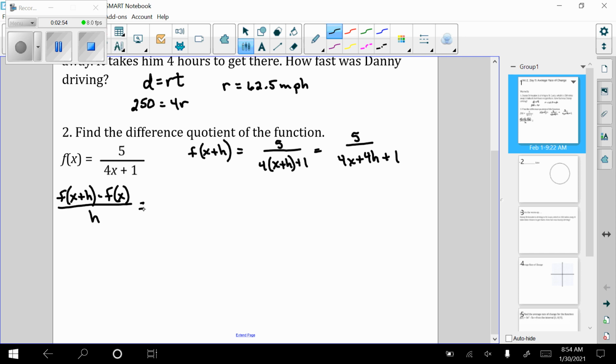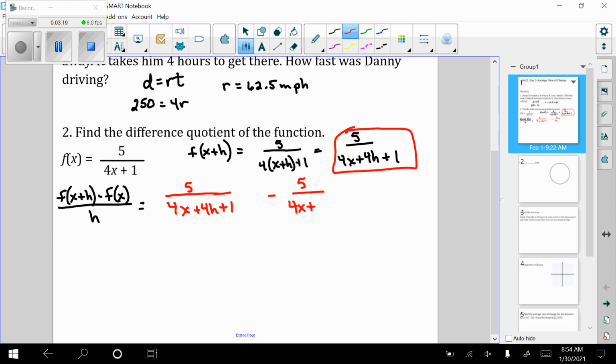I already know my f of x plus h is this expression, so I can substitute it since I've already calculated it. Then I subtract my original function, f of x, which is 5 over 4x plus 1, in a different color so we can keep track of what's going on, all over h.